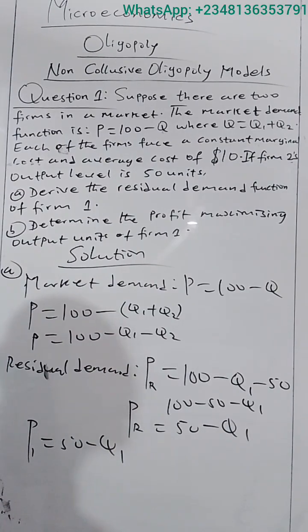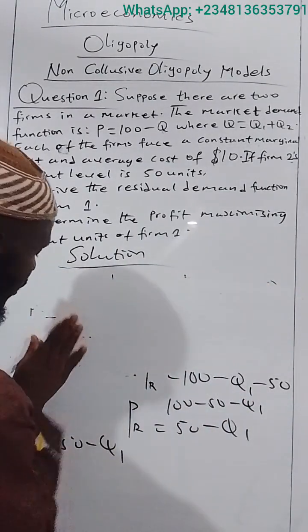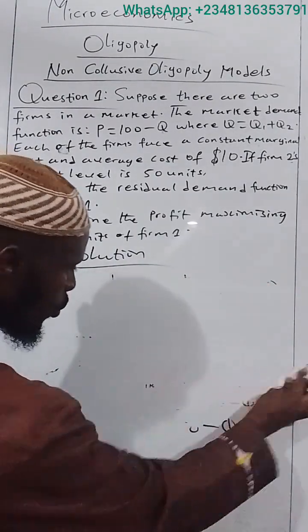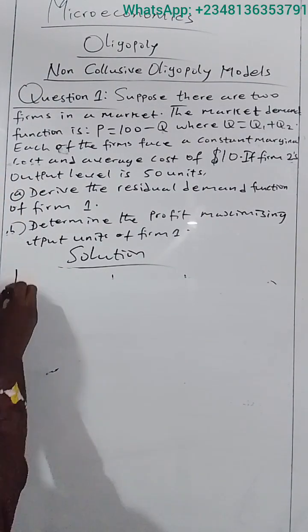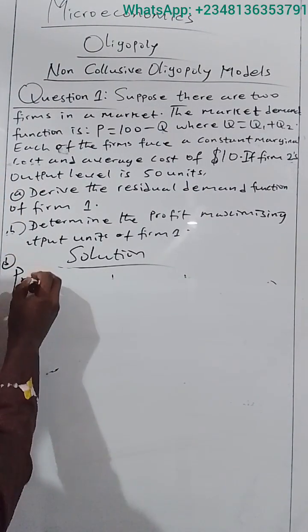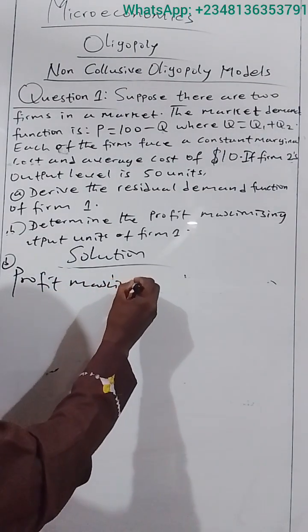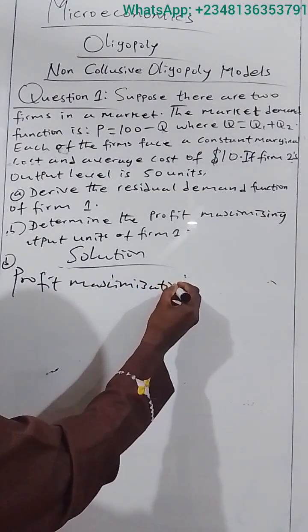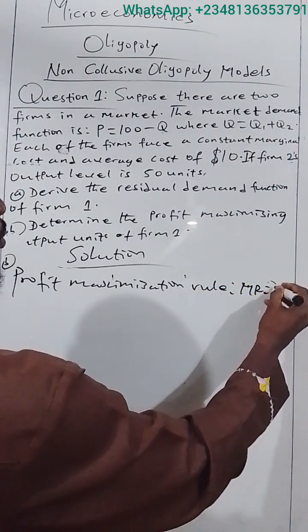Now, how do we determine the profit maximizing output level? It's very simple. You recall the profit maximization rule is that MR is equal to MC.